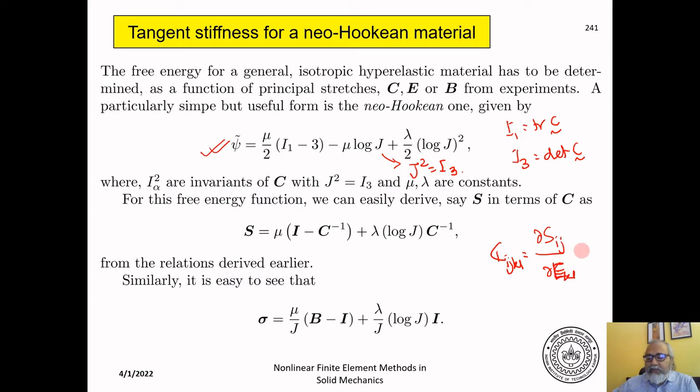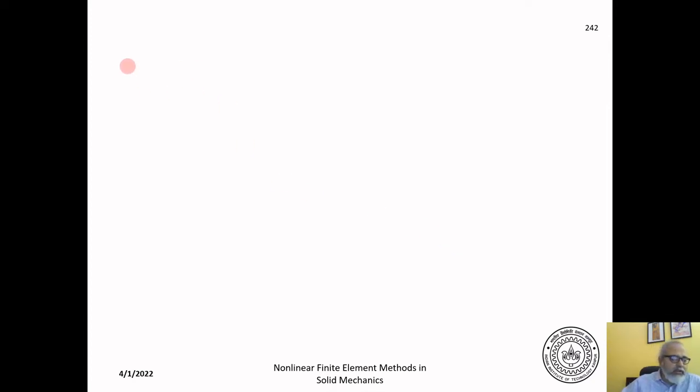This is what we are deriving. This is phrased in terms of C. So we will have to convert this into derivatives of C, which we have already shown. So we will use those tricks that we have learned in order to derive first the second PK stress from the strain energy density, and then taking the derivative of the second PK stress, we will derive the stiffnesses. So let us write this down.